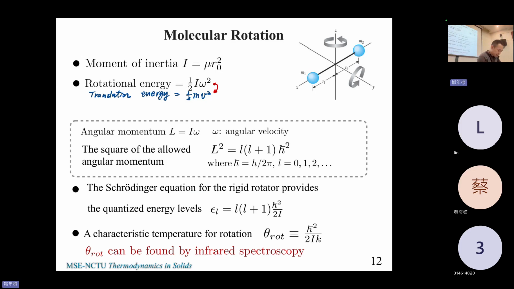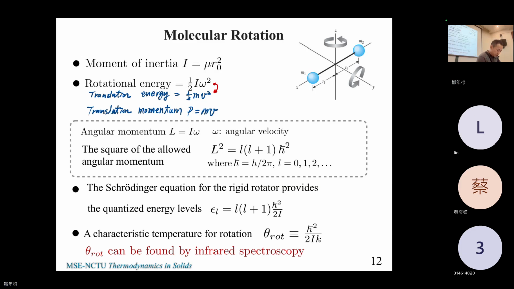So again, translation momentum P equals mv, right?